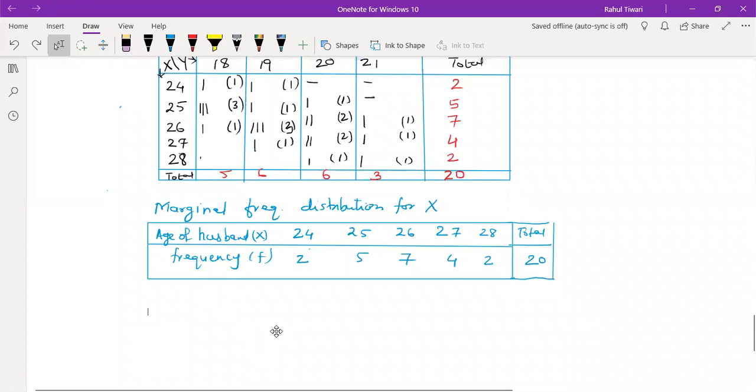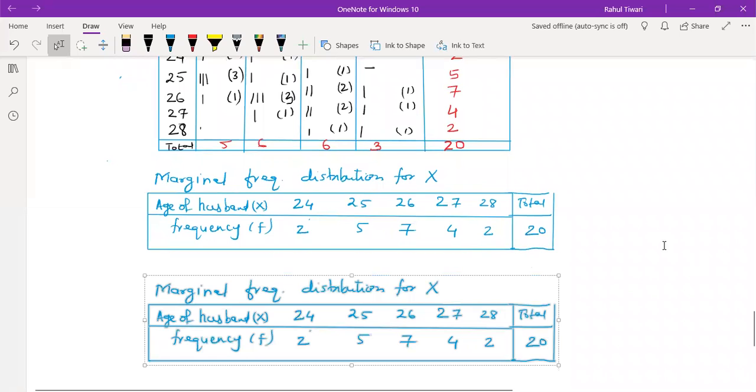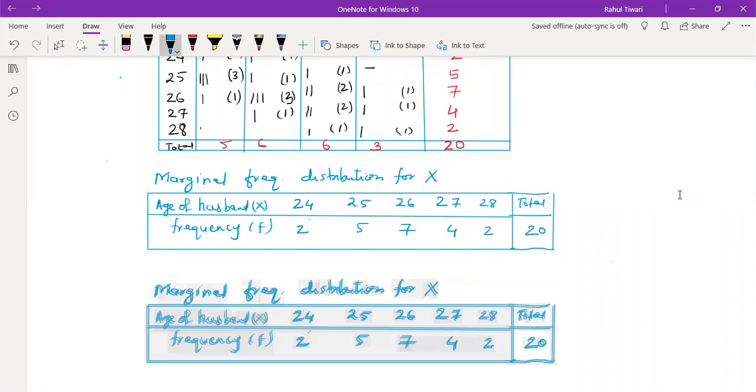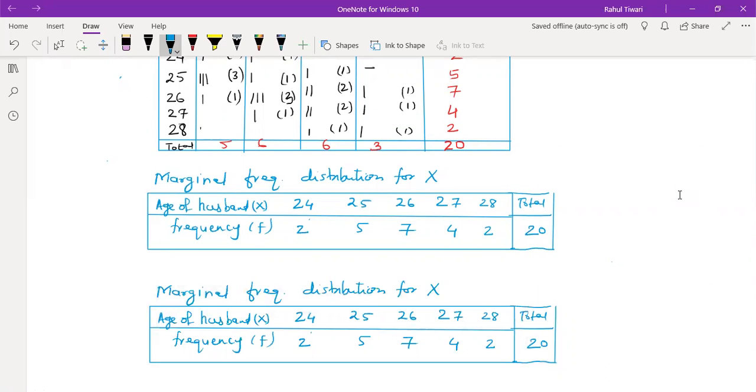So similarly, one can define the marginal distribution of y. Okay, so you can just draw for y also similarly. So instead of x now we have y. We have y as 18, 19, 20 like that.